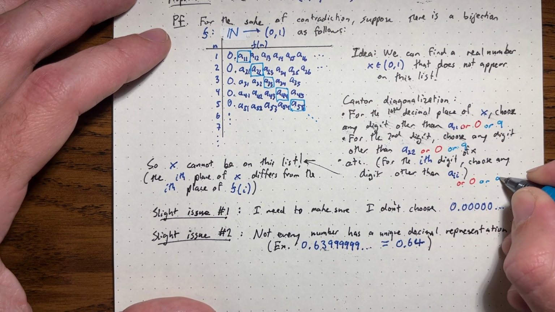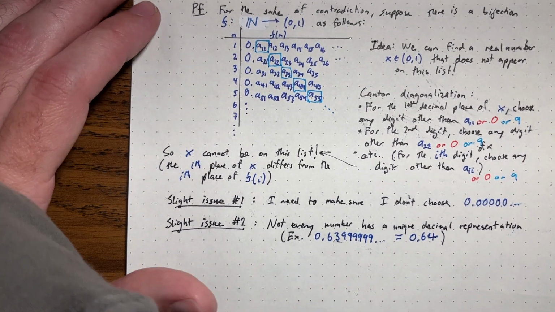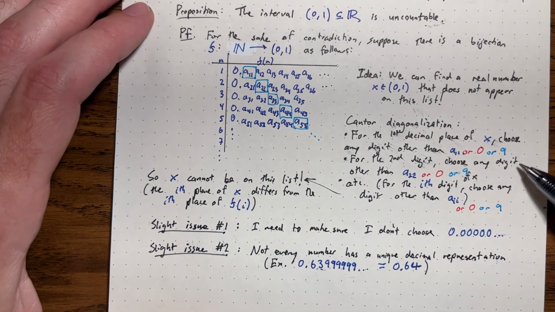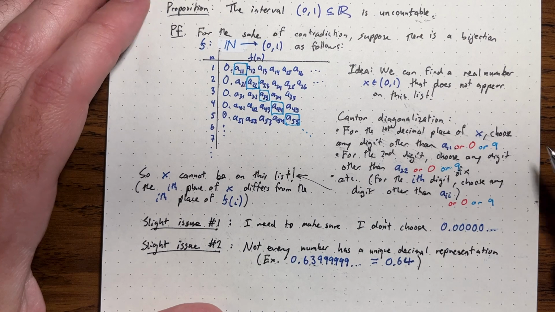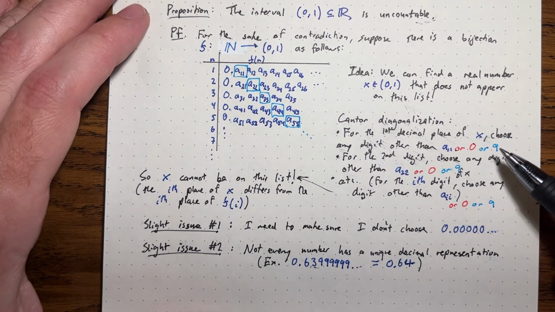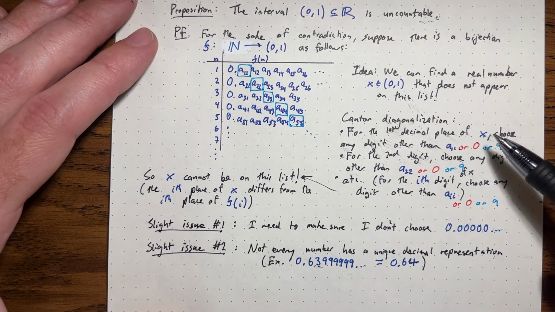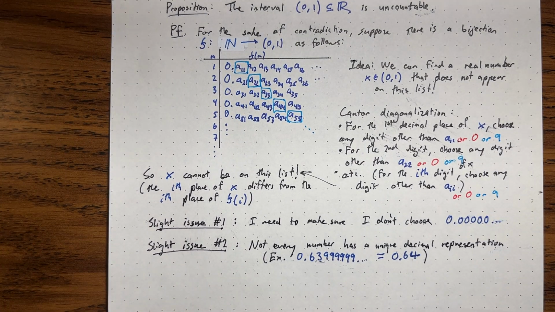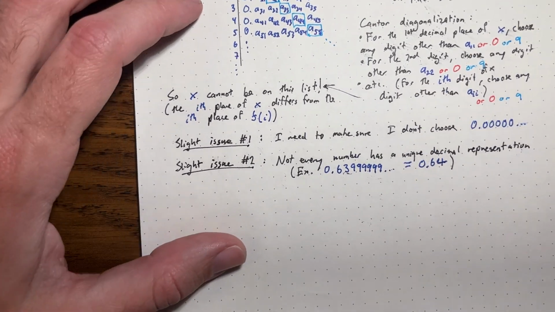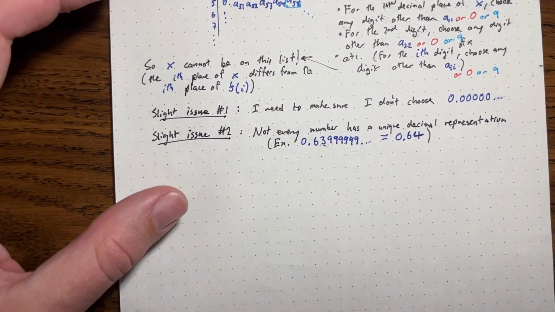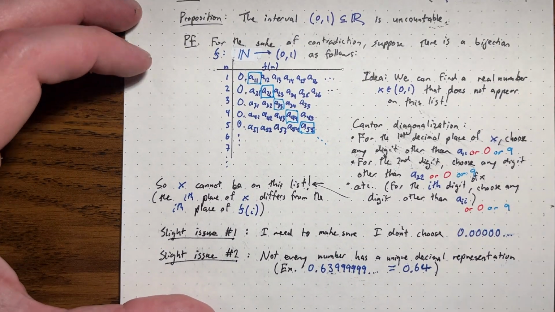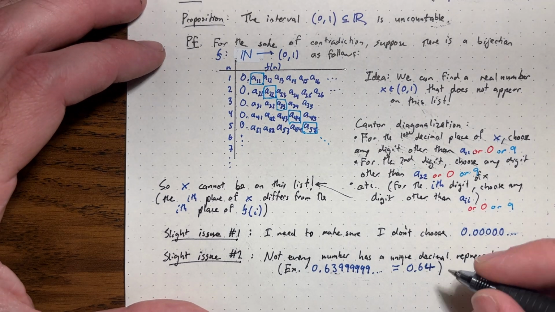That's still plenty of choices. So we'll just always avoid 0 or 9. Sometimes the way this proof is written up is, if the digit is 3, then choose 4. Otherwise, choose 3. So you only really need 2 digits. But yeah, let's just avoid 0 and 9. It makes it easy. And these are really the only 2 issues that arise. So otherwise this is a complete proof.